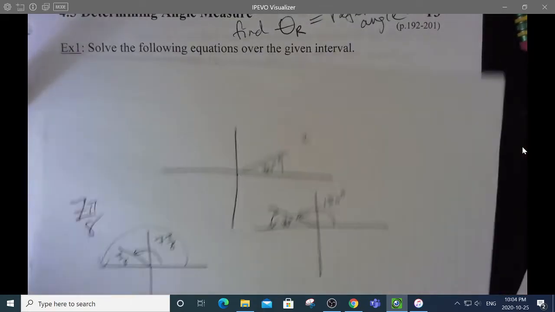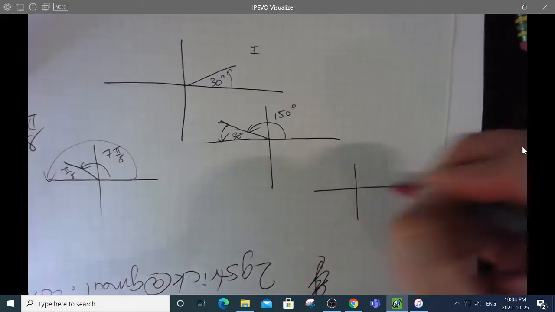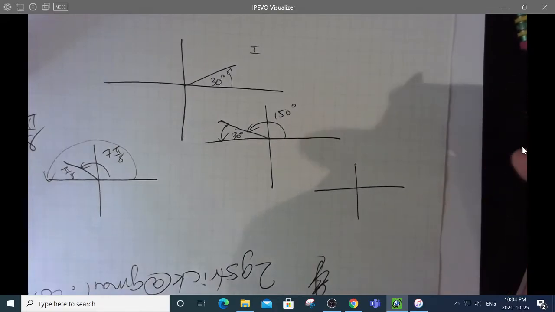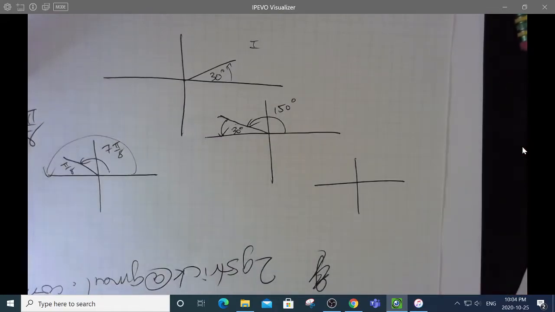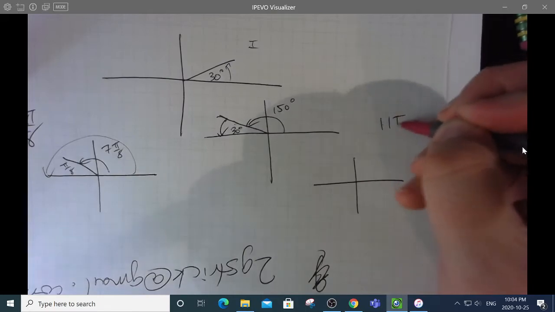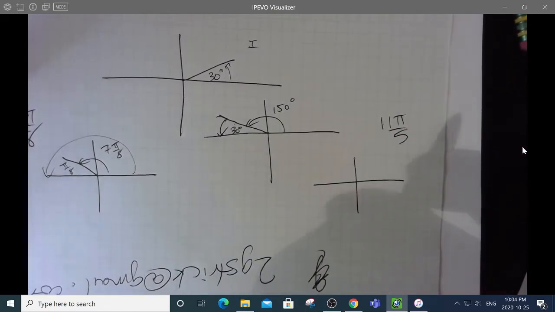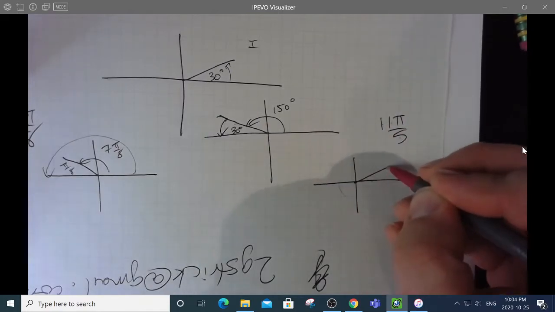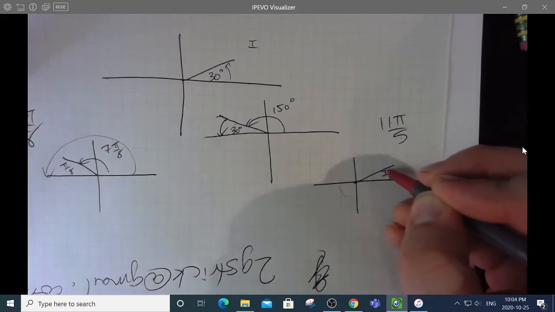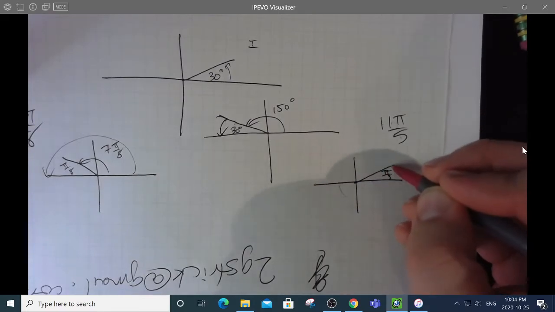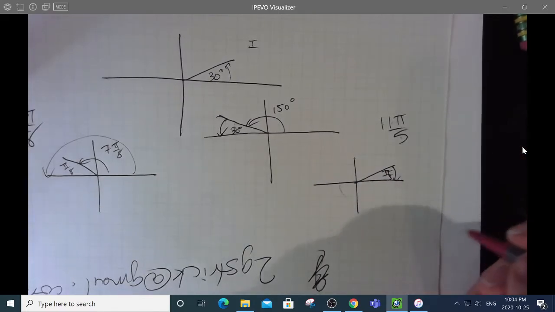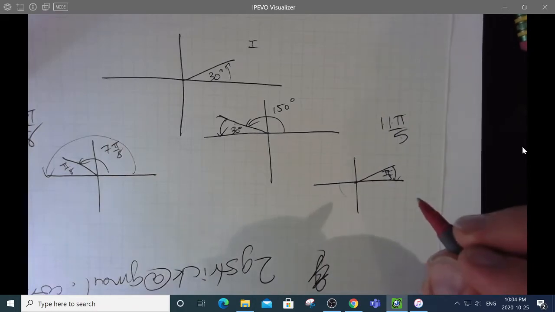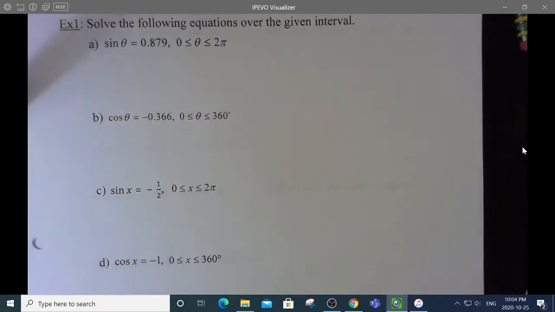What if I had something like, let's say 11 pi by 5 is my angle? What's my reference angle? Well, 10 pi by 5 would be all the way around, so that's 1 pi by 5 as a reference angle. So reference angle is the closest angle to the x-axis.